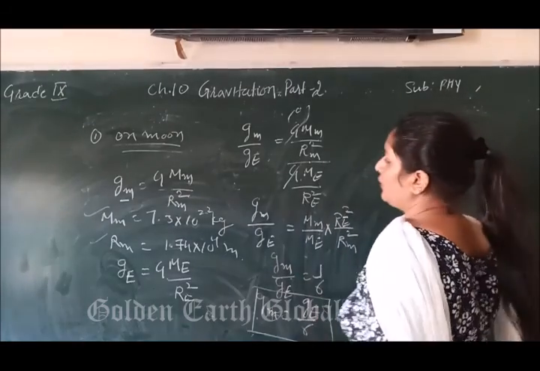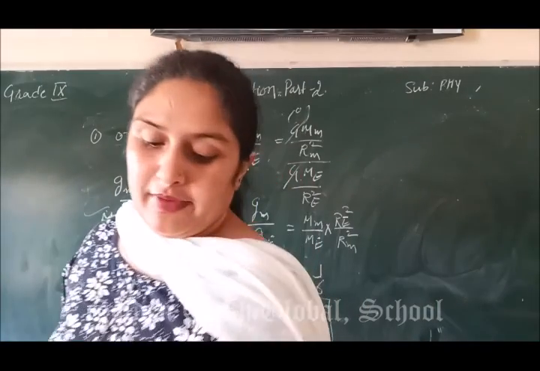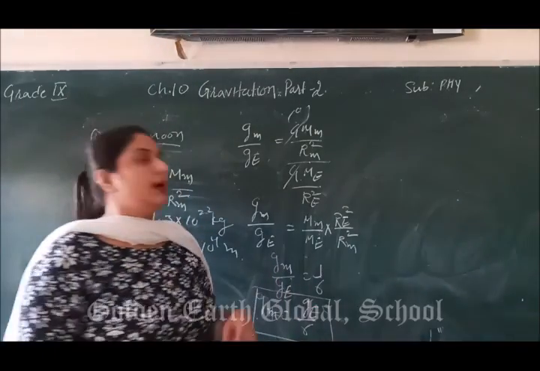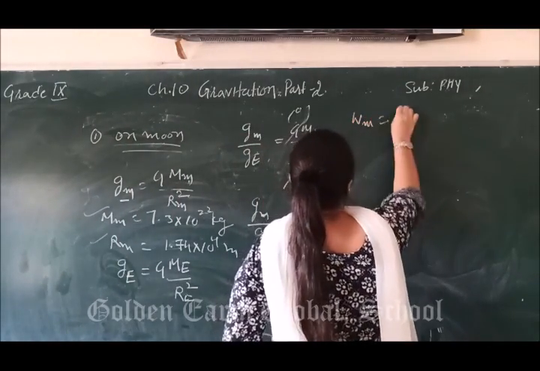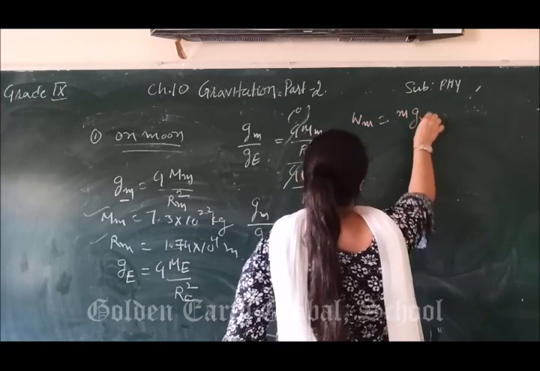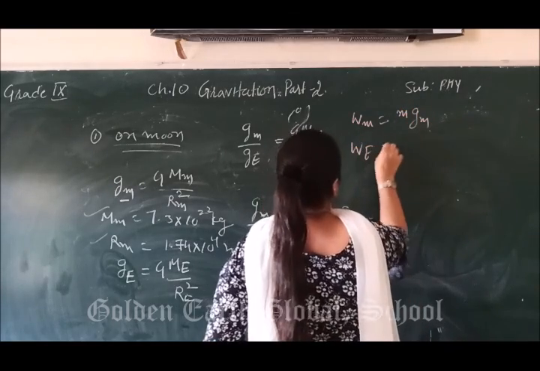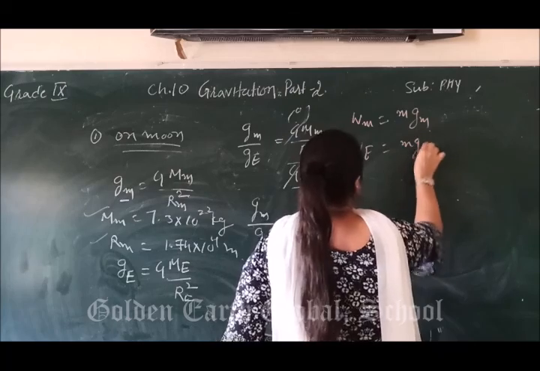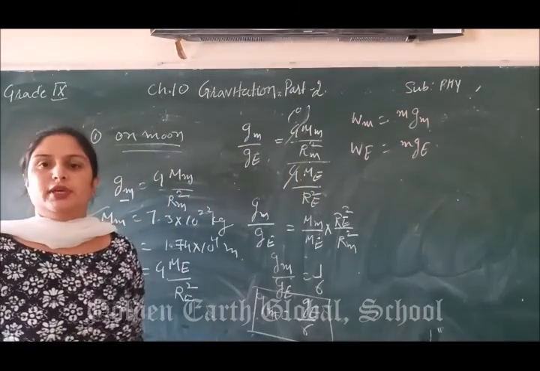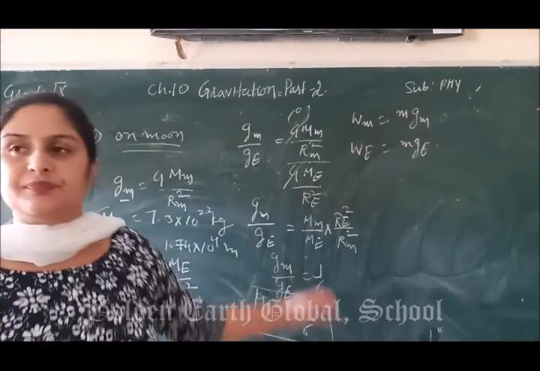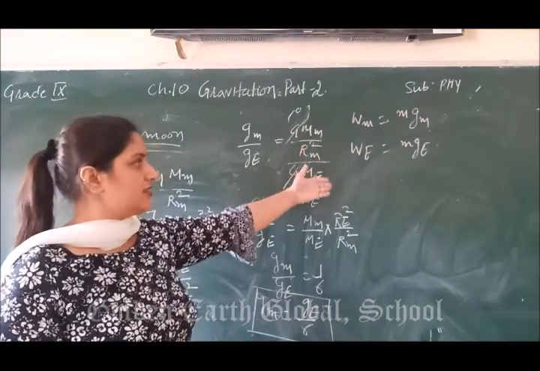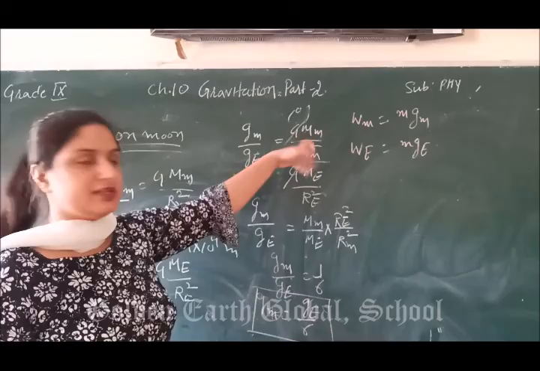Next, if you are talking about the weight, weight is given directly by multiplying. Weight on the moon will be equal to m Gm, and weight on the earth will be equal to m Ge. Now if you want to compare the weight, you can compare the weight of any person on the surface of the earth and the surface of the moon.